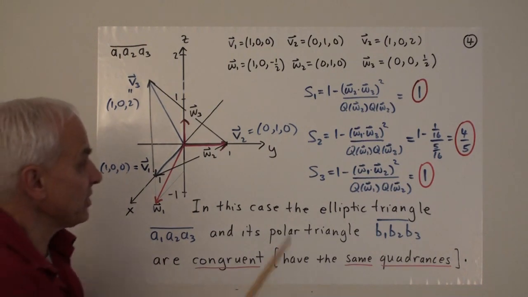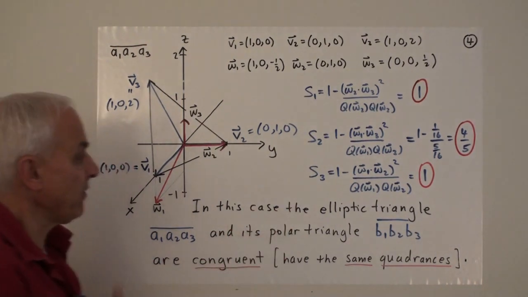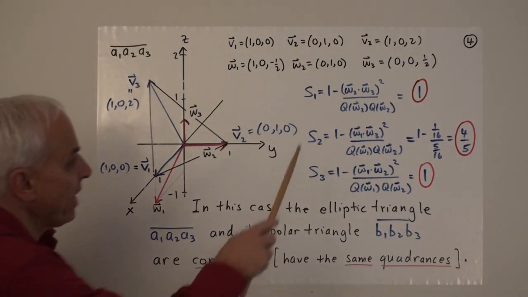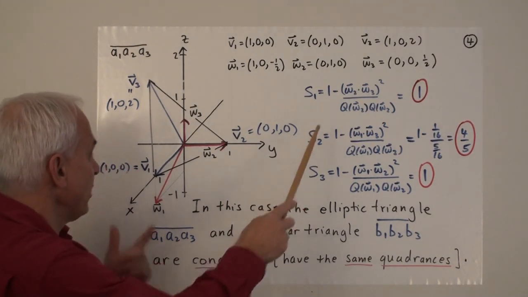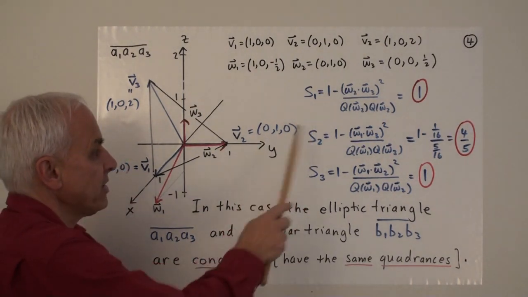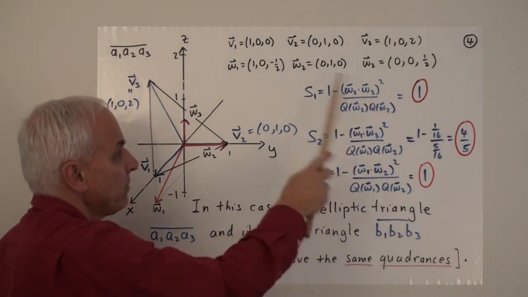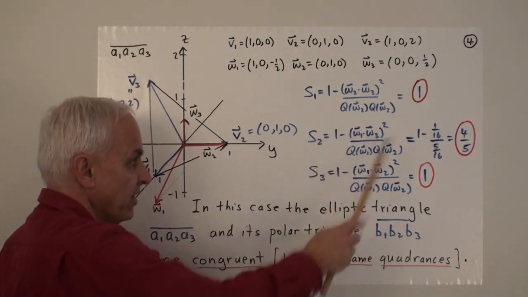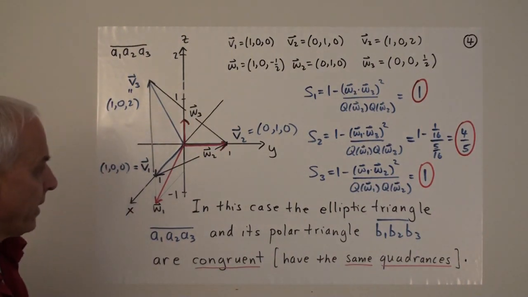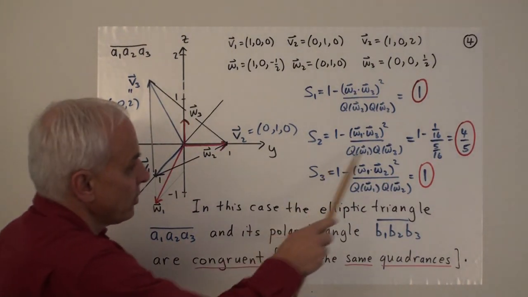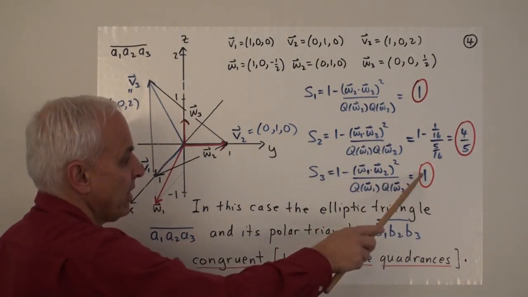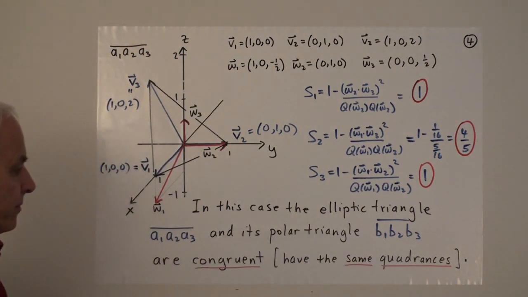And then we can calculate the spreads S1, S2, and S3 of the original triangle by calculating essentially the quadrances between the W's. So S1 is the quadrance between W2 and W3. And we get the usual formula. Pretty simple because these vectors are very simple. We get 1. And S2 turns out to be 4/5, and S3 is 1.